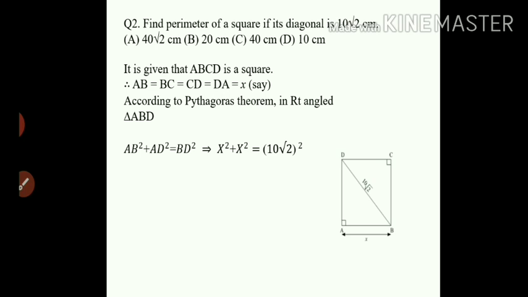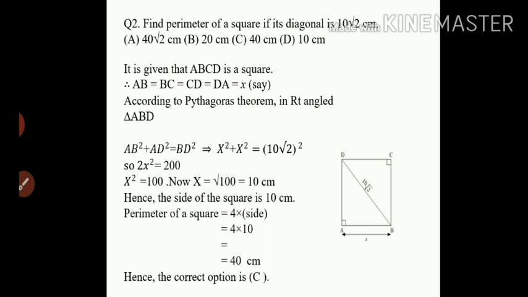So X square plus X square is equal to (10 root 2) the whole square. X square plus X square will be 2X square. Now (10 root 2) the whole square will be 200, because 10 square is 100 and root 2 square is 2, so 100 multiplied by 2 is 200.